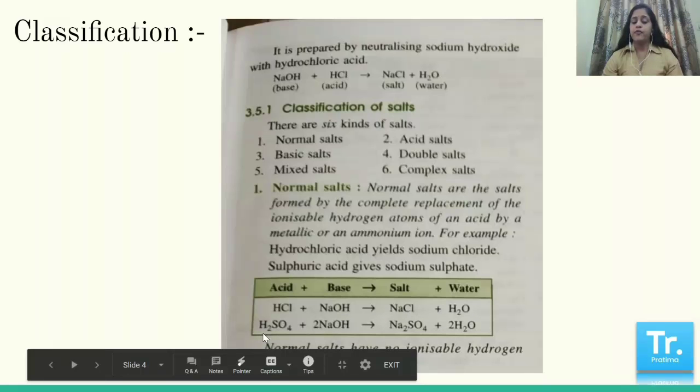Here also, with an acid and a base neutralization reaction, complete replacement of the hydrogen from the acid and the OH from the base is giving you water, and the rest combines to give you a normal salt.